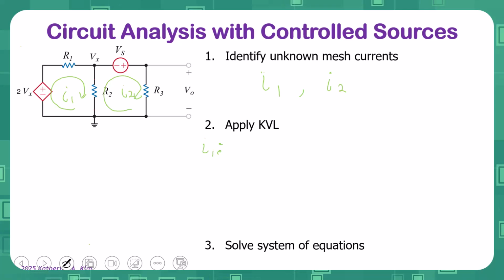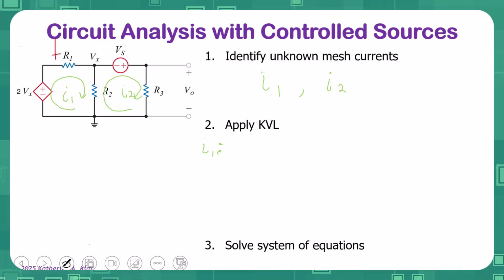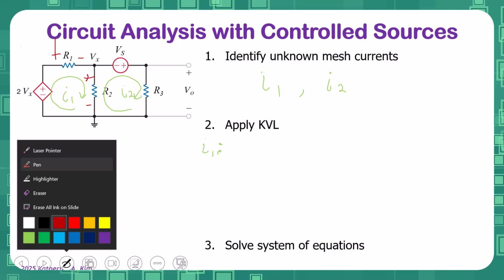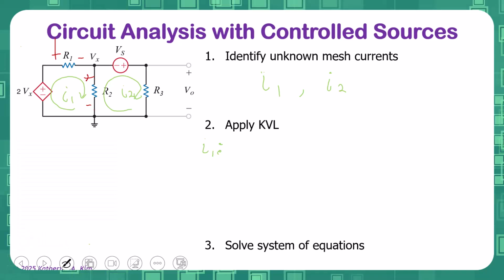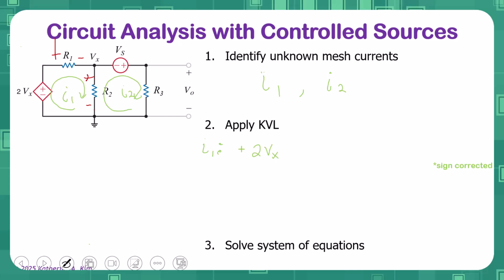I'm going to label these, use red here, positive, negative, and then positive, negative on this side. So we're going to go through that loop, and when we do that, we are going to get a negative 2 Vx, and we're going to come back to the Vx. Just write it as is for now, and we will come back to it.